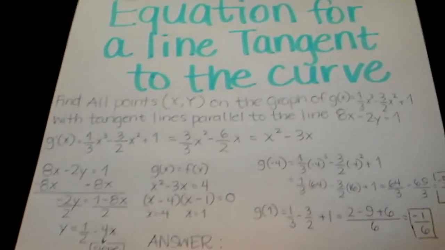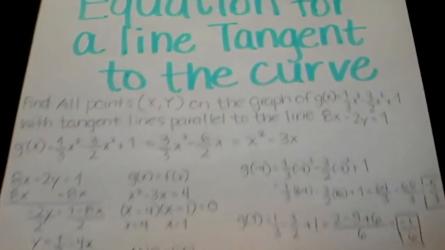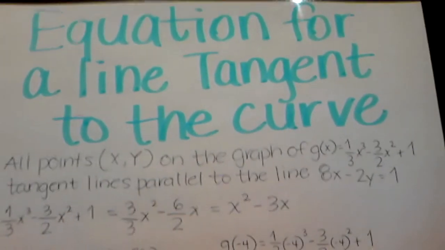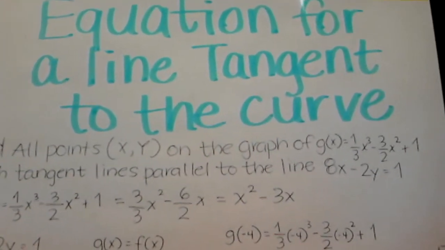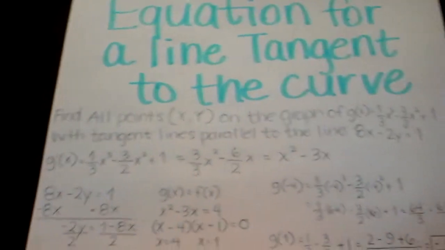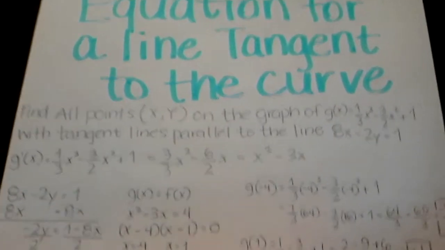So here's my problem. Find all points x and y on the graph of g of x, g of x equals 1/3 x cubed minus 3/2 x squared plus 1, with tangent lines parallel to the line 8x minus 2y equals 1.